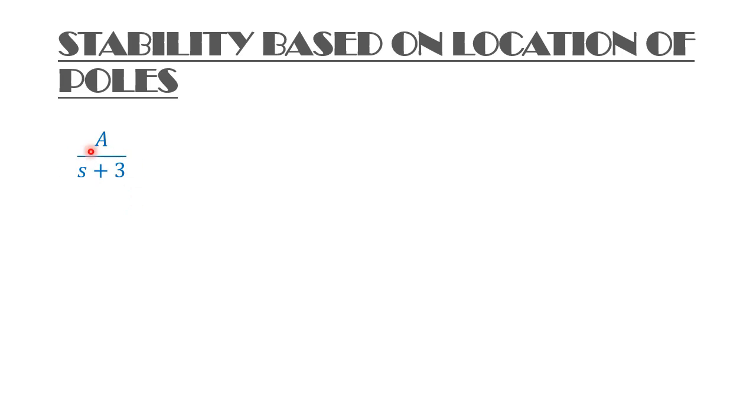So here the pole is minus 3. S plus 3 equal to 0, so s equal to minus 3, so the pole will be minus 3. So on the pole-zero plot or s plane, it will be located as this one, minus 3. This part, let me just highlight it. This part is called the left half of the plane.